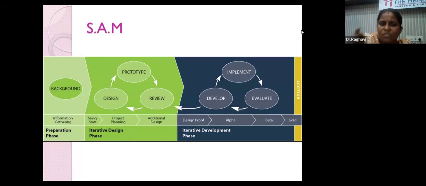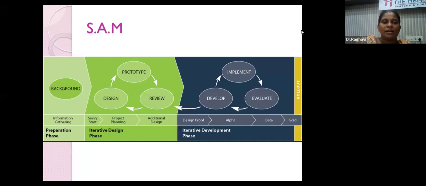So you make changes to that particular segment or module alone before the next client visit or your next project. It may look something like this: you gather the materials, do some brainstorming, create a prototype, ask for feedback, make changes, and then implement. So it becomes an iterative process. This is what the SAM model says.